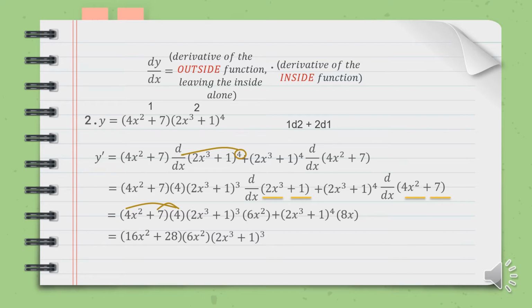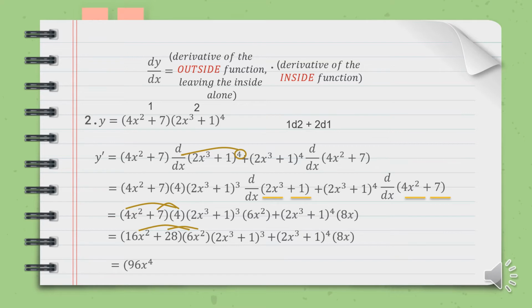Then, we'll copy the composite function na natitira, 2x cubed plus 1 raised to 3, plus 2x cubed plus 1 raised to 4 times 8x. Doon sa kabilang term, wala naman siyang kasama na hindi composite function, kaya yung 8x ay mariretain at yung composite function na 2x cubed plus 1 raised to 4 ay mariretain din. So, simplify natin by distributing 6x squared to the binomial 16x squared plus 28.